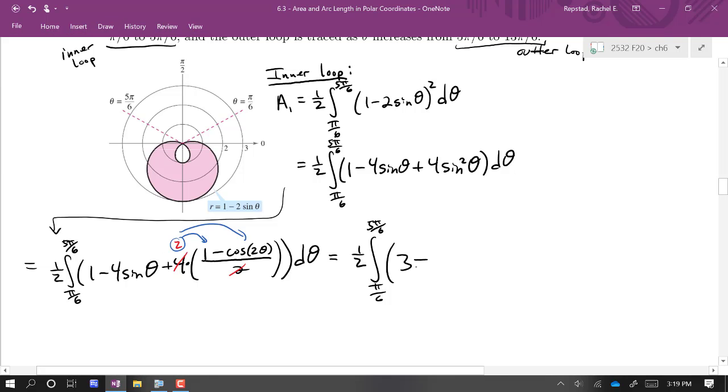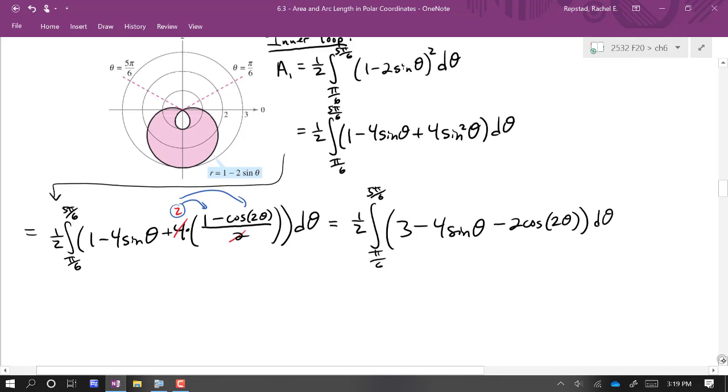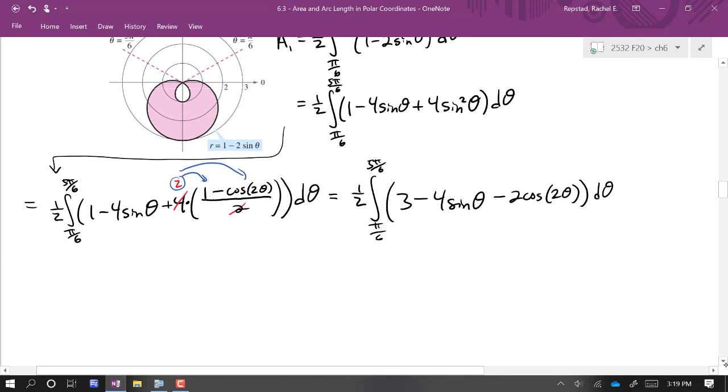So we have 3 minus 4 sine theta minus 2 cosine 2 theta. And now we can integrate all of this. So let's go ahead and do that. Integrating 3 gives us 3 theta. Integrating minus 4 sine theta is a plus 4 cosine theta. Integrating minus 2 cosine 2 theta gives us minus sine 2 theta.